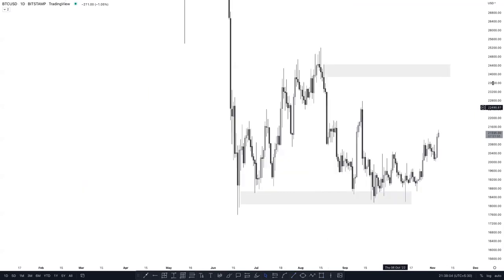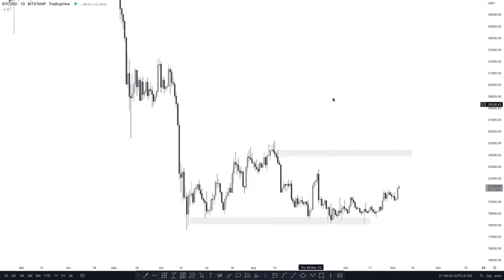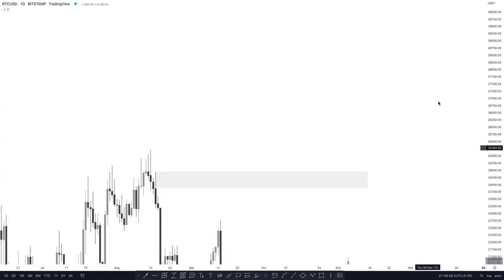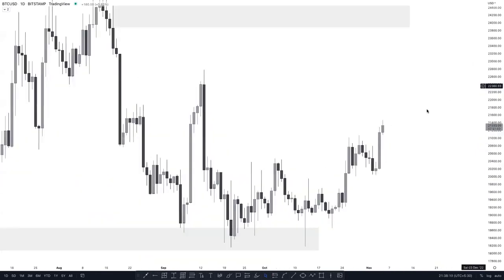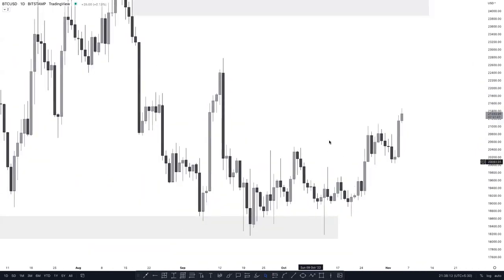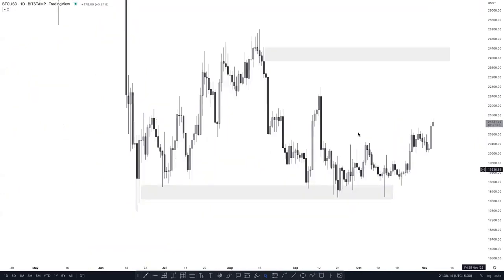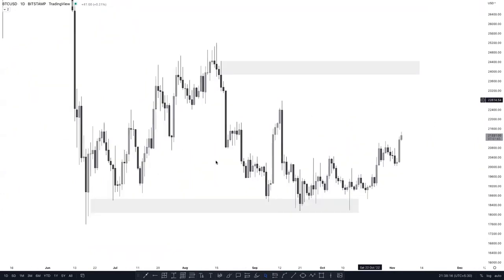Okay, so first of all, switch to the lower time frame to see exactly what is happening here, and what the next move is in the daily time frame in Bitcoin.